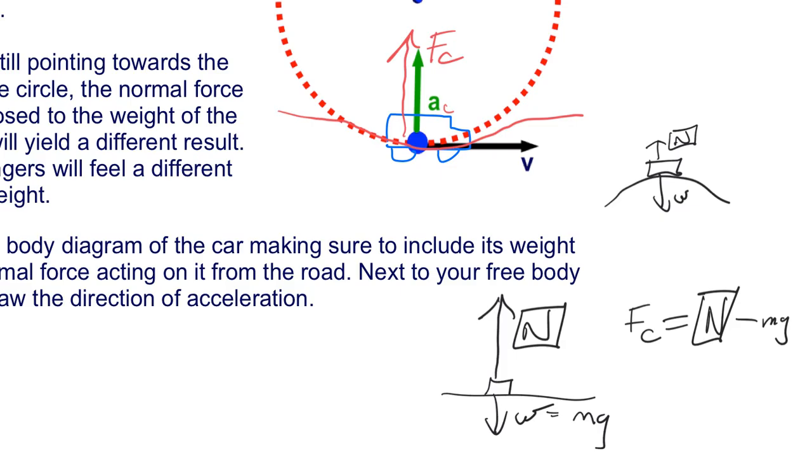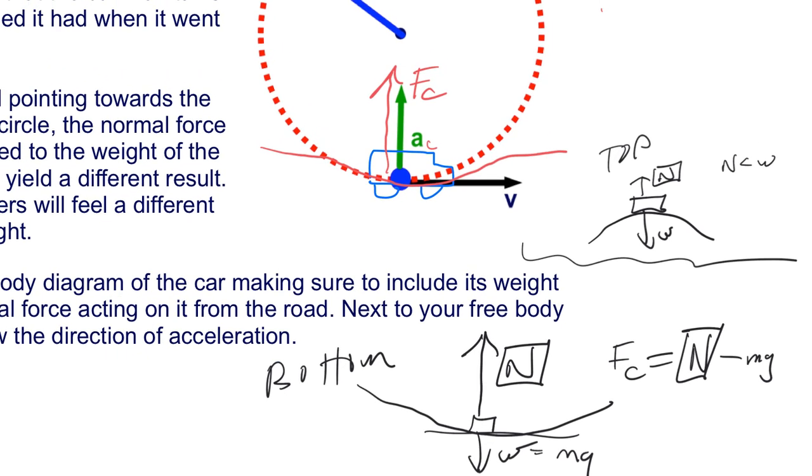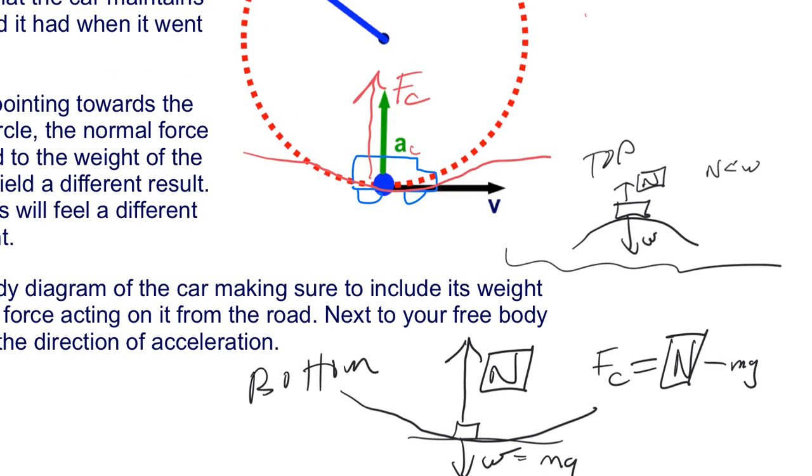The normal force is less than the weight when you're at the top of the hill as opposed to the bottom of the hill, like we talked about before. And so this is because FC has to be downward, so the weight has to be bigger than the normal force.